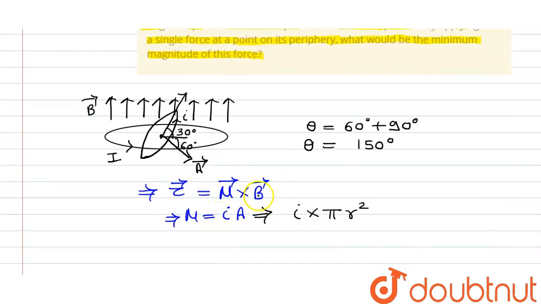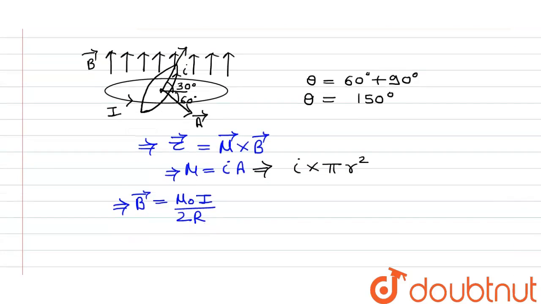And what will be the magnetic field generated due to the larger loop? We know that the magnetic field at the center of the larger loop is mu naught capital I divided by 2 capital R, where capital R is the radius of the larger loop and capital I is the current flowing in the larger loop.